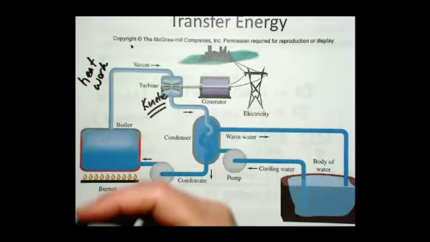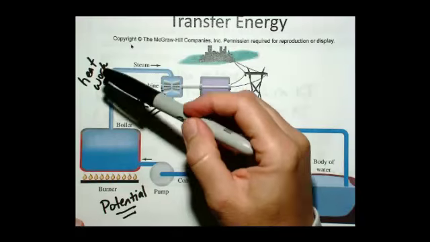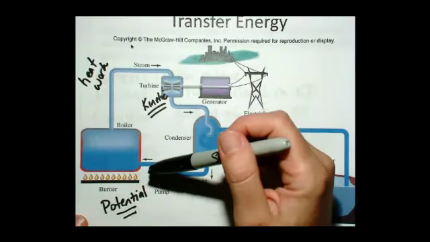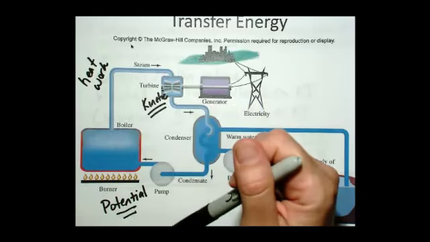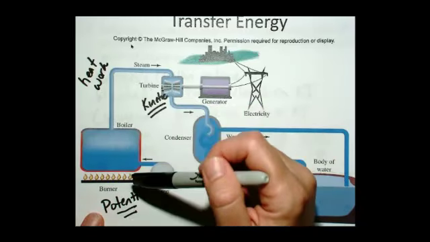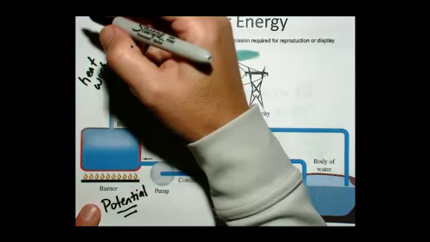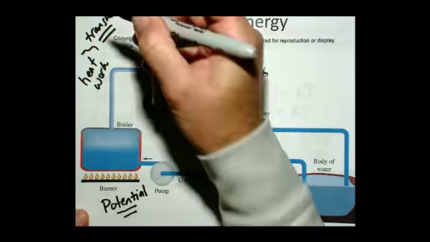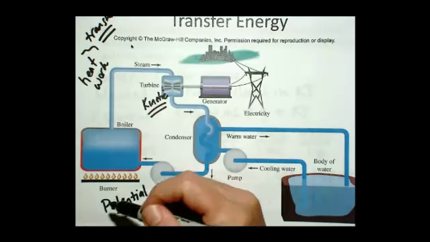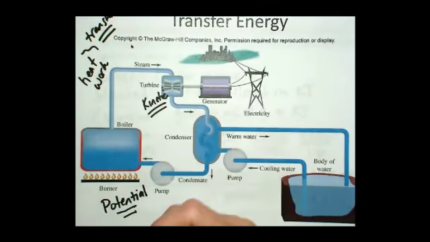Most times it's both at the same time, heat and work occurring together. Sometimes just heat, but anytime you're doing work, you're also transferring some energy as heat. So heat and work are how we transfer energy, and the forms are basically different types of potential and different types of kinetic energy.